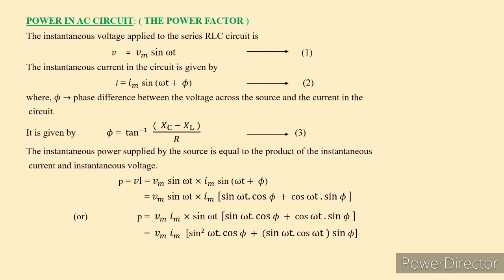This is equal to Vm sin omega t into Im into (sin omega t cos phi plus cos omega t sin phi), or P equal to Vm Im into sin omega t into (sin omega t cos phi plus cos omega t sin phi). This is again equal to Vm Im into (sin square omega t cos phi plus sin omega t cos omega t into sin phi).